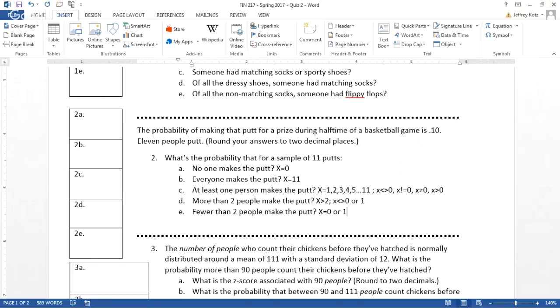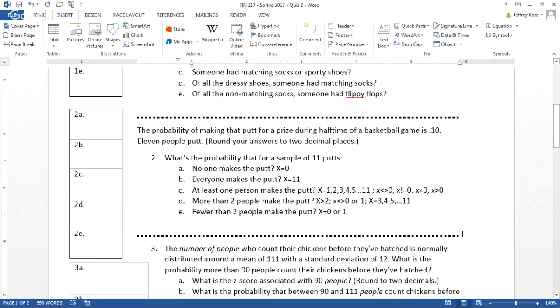Notice that D and E are not complements because this, more than 2 people make the putt, 2 is not more than 2, 3 is, 4 is, 5 is, and so on, all the way up to 11. In neither D nor E do we include 2 people making the putt.